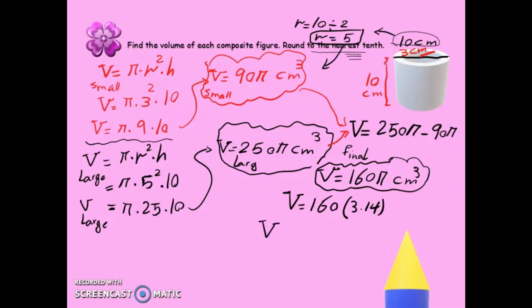And if you multiply, you will get 502.7 centimeter cubed. So the final answer, the volume of this composite shape, would be 502.7 centimeter cubed, or you can say the volume of this composite shape is 160 pi. Both of them are completely correct.